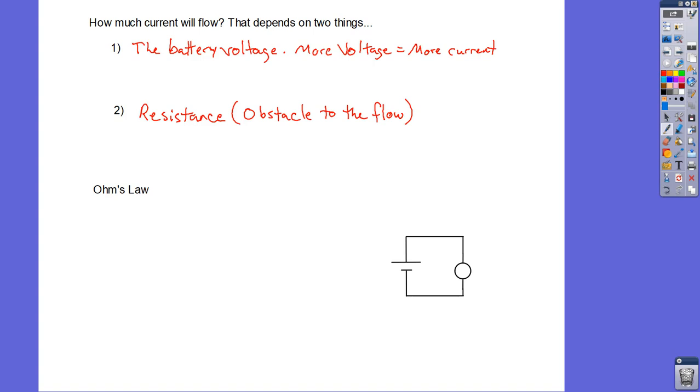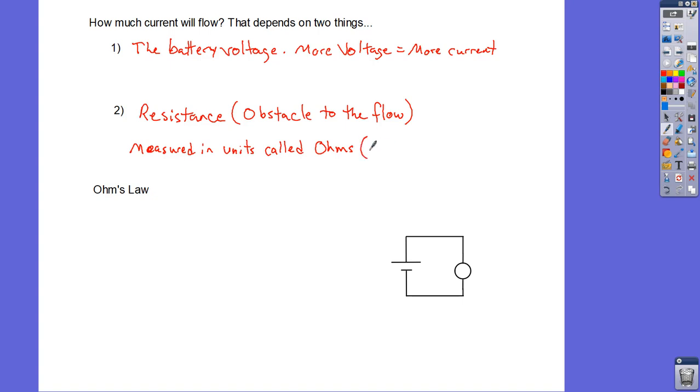Okay. While I'm at it, I may as well just tell you what the units are for resistance. Resistance is measured in units called ohms, named after a German guy named Ohm.